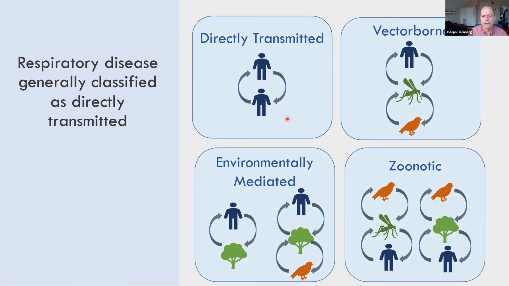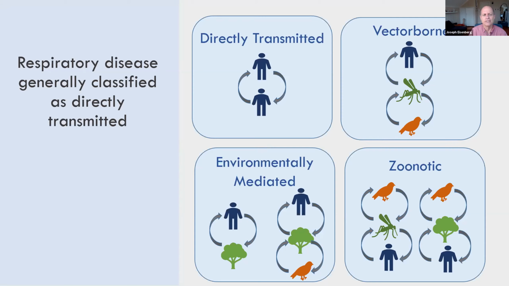The classic set of diseases that we think about are sexually transmitted diseases, where in fact there really is no environmental phase of the pathogen. We've got vector-borne pathogens, we've got environmentally mediated pathogens, and we have zoonotic pathogens. So all of these, and many of these, the environment plays a huge role in transmission.